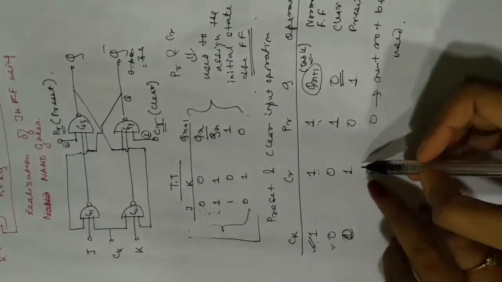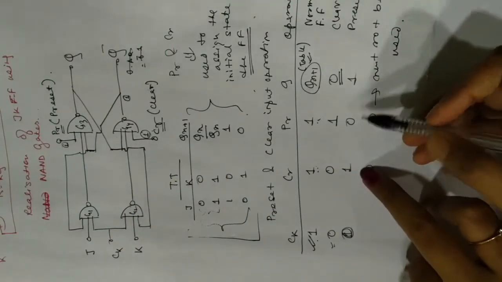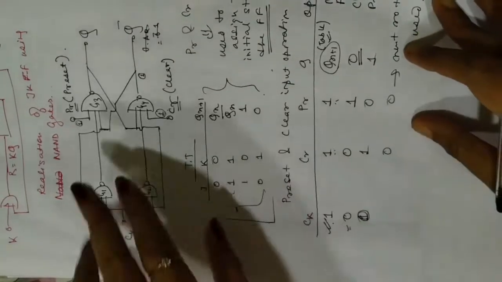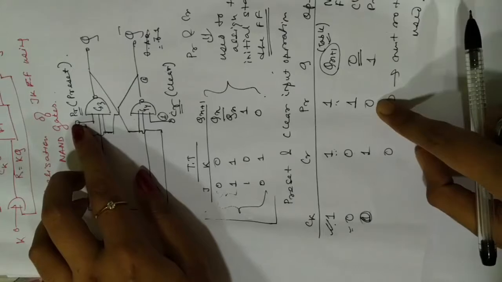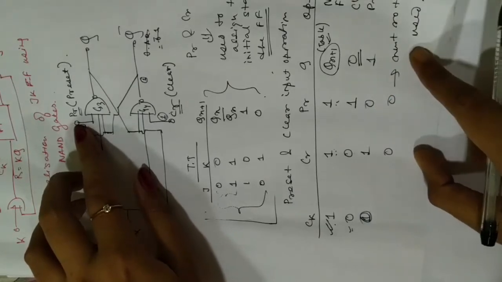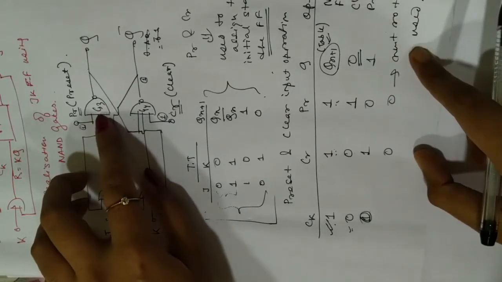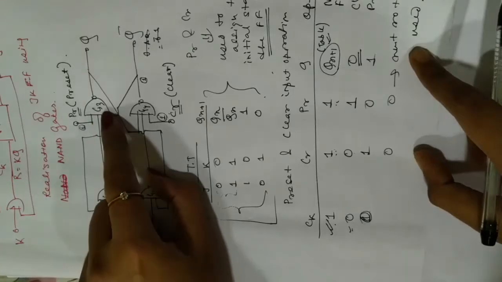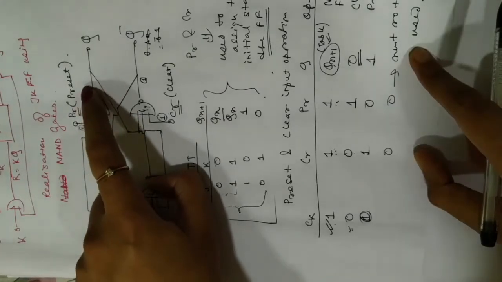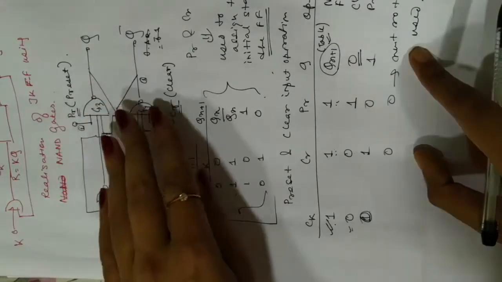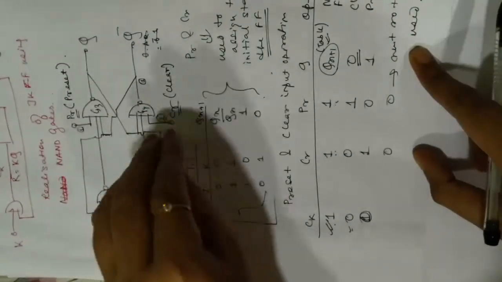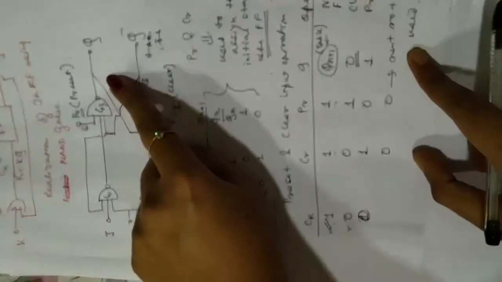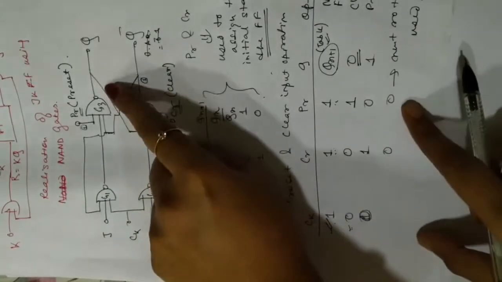Now we come to this stage when CR is 1 and PR is 0. If you look over here, if you put PR equal to 0, again the same thing happens. Whatever these inputs are become immaterial and the output of gate 3 automatically becomes 1. Whatever be the other inputs of the circuit, everything becomes immaterial and the output of this G3 gate becomes 1.